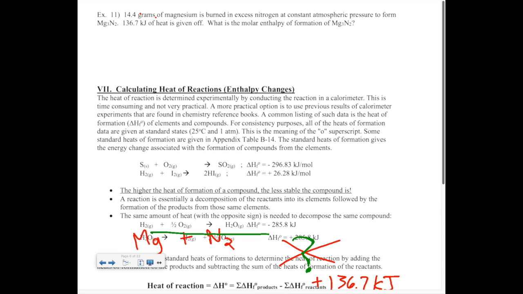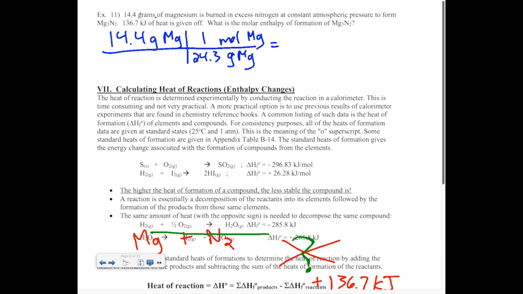If I just take 14.4 grams of magnesium and convert it to moles, well, the molar mass of magnesium is 24.3 grams per mole. So that tells me 0.593 moles of magnesium.